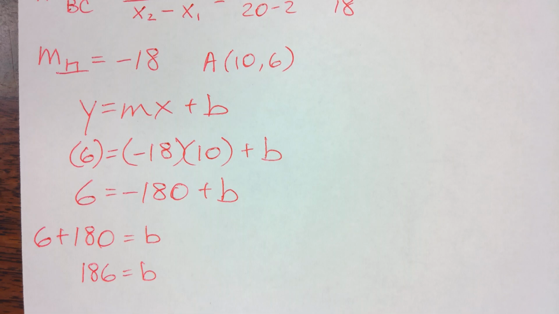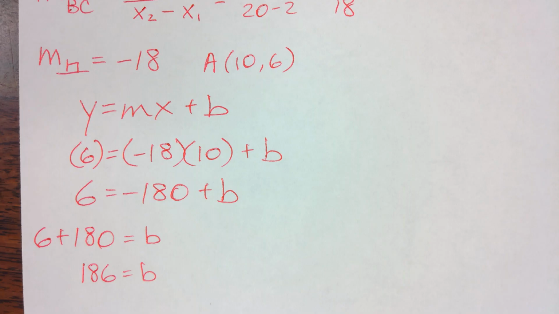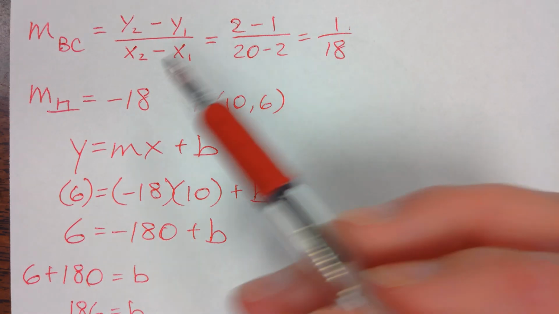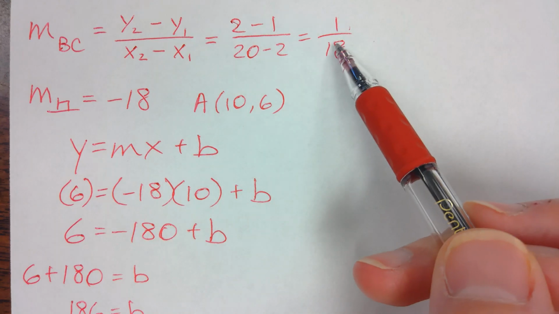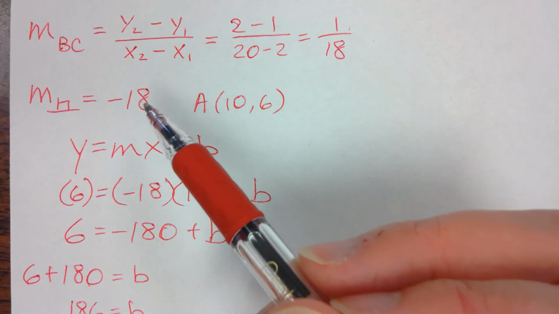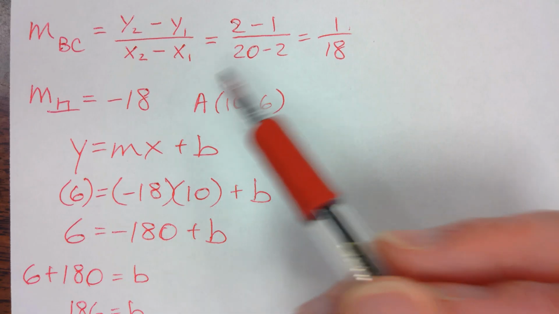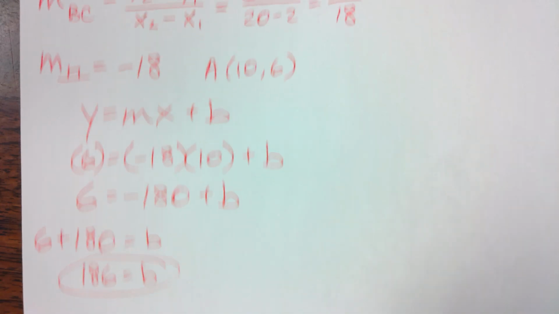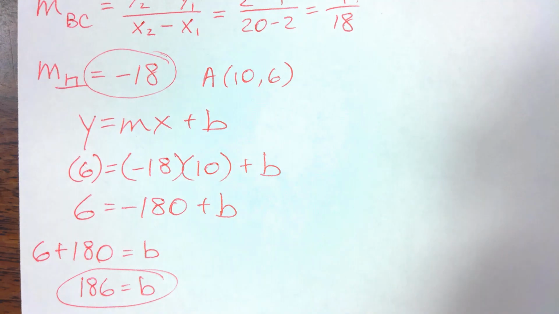Was the slope not 18 over 1? But what is 18 divided by 1? 18. You put negative 18, but the negative reciprocal of 1 over 18 is negative 18 over 1. So don't do just the reciprocal, and don't do just the negative. Remember, it's the negative reciprocal. So I have b, I have m.